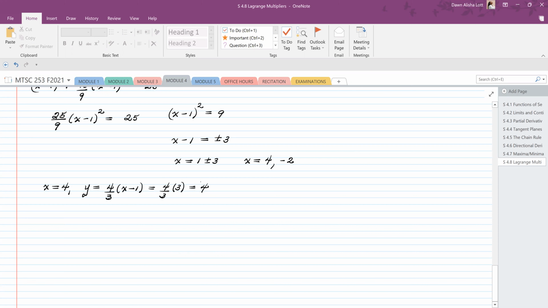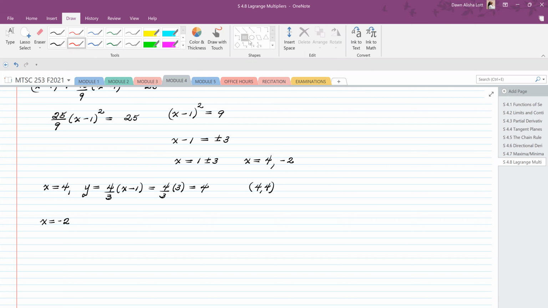So that is the point 4, 4. And if x is equal to -2, y is 4/3 times -2 minus 1, which is -3, so I'm going to get -4. So that gives me the point -2, -4.